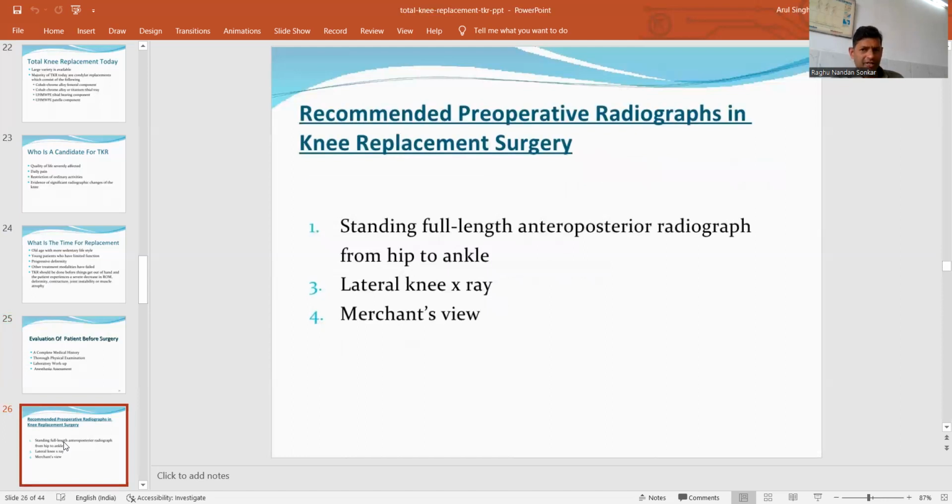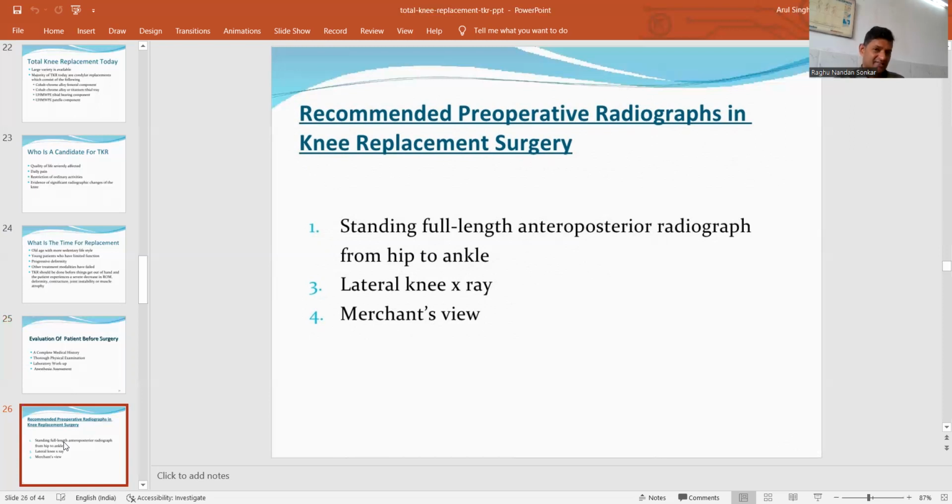Recommended pre-operative radiographs in knee replacement surgery: standing full length AP view, hip to ankle, and lateral knee X-ray. So an AP standing view of the knee joint is mandatory.